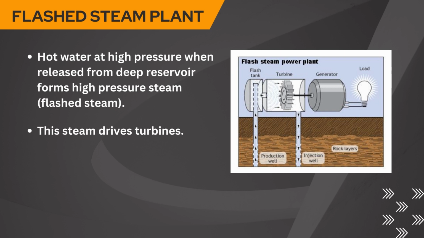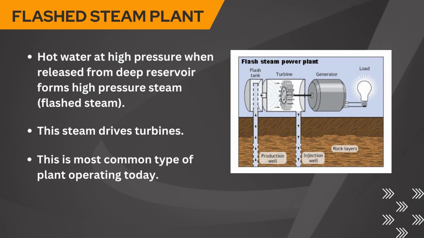The turbine needs steam in coal based power plants also. Here the steam is produced by the heat available from geothermal energy. This is the most common type of plant operating nowadays for geothermal.